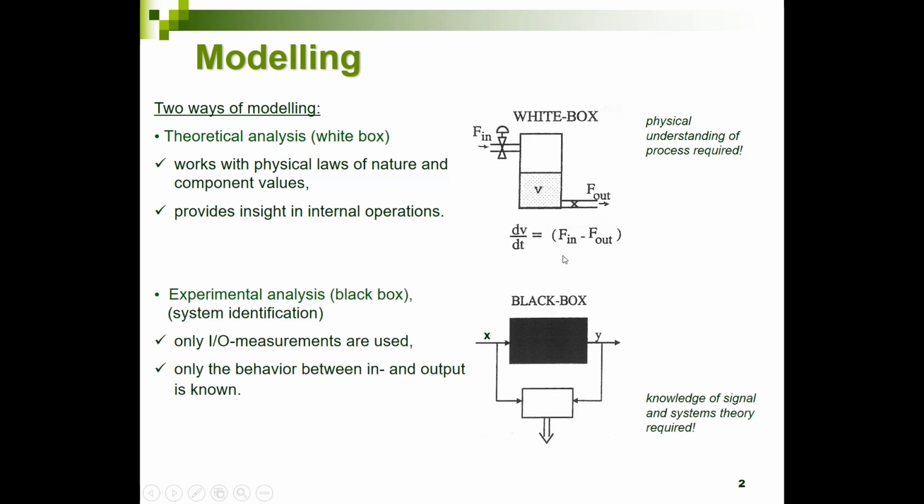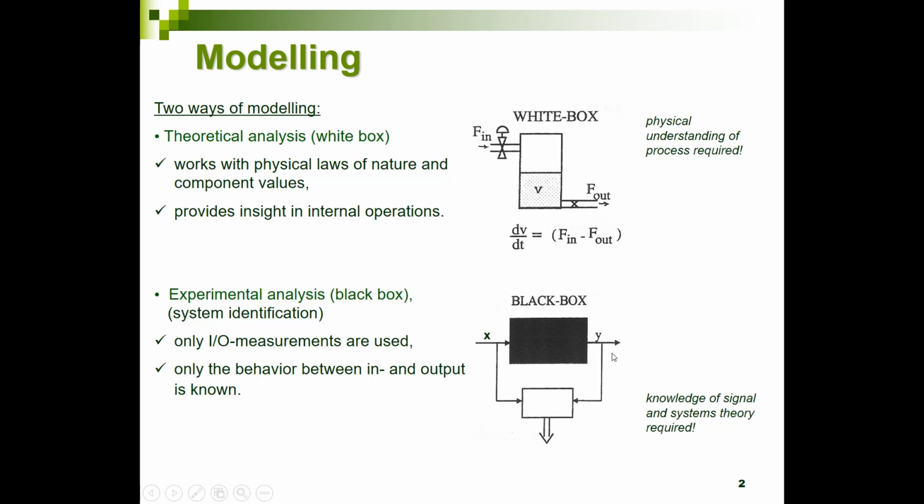We also have black box modeling based on experimental analysis. And in that way of modeling, we use input data and output data. So we put inputs to the system and we see how the system responds to that input signal or these input signals.